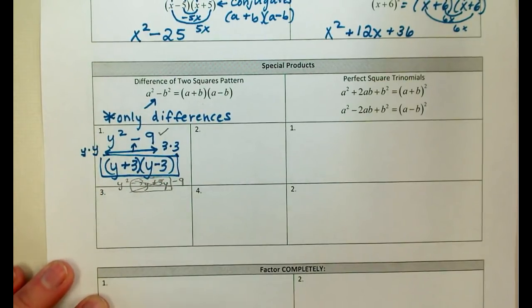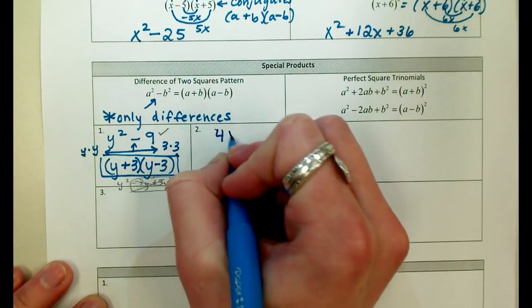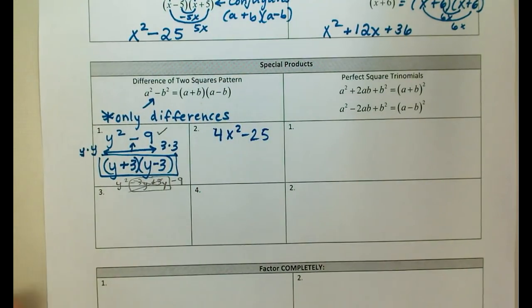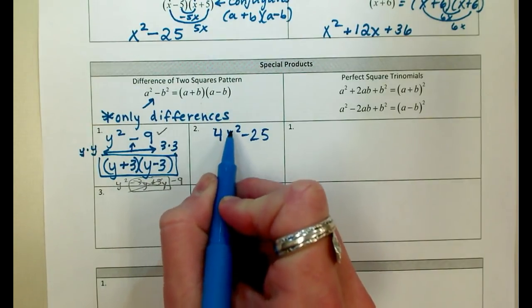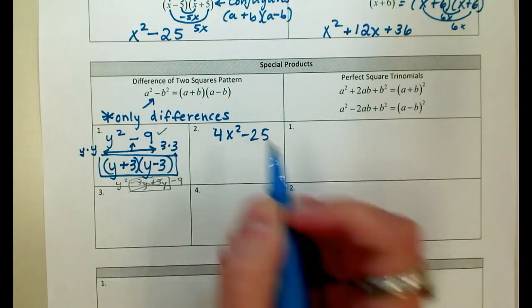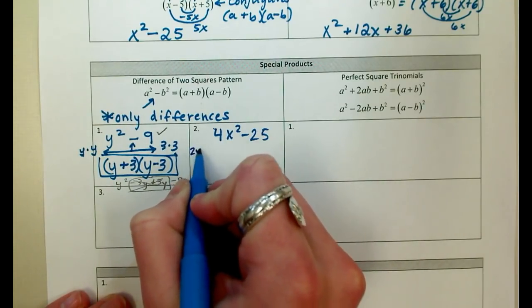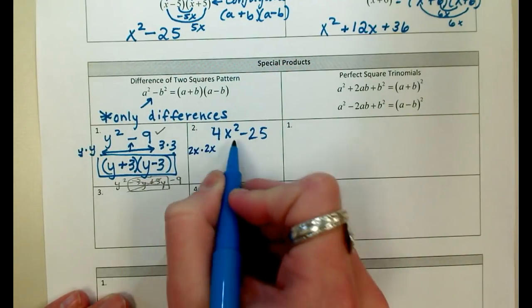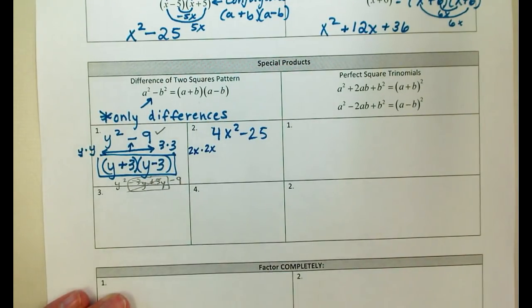Alright, let's look at number 2. 4x squared minus 25. Checking first if the terms are perfect squares. Well, here we have 4x squared. 4 is a perfect square, and so is x squared. So this is 2x times 2x. Notice the square root of 4 is 2, square root of x squared is x.